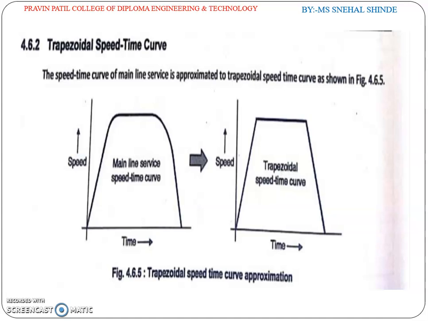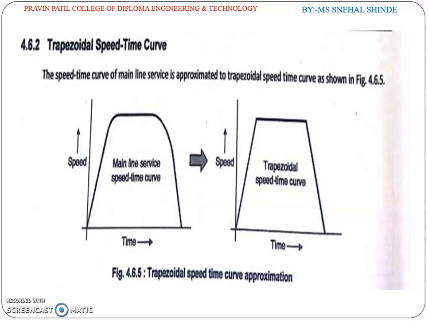But we can make the assumption in the formula. So the formula will be divided into three parts. First will be the triangle part, the other will be the square part in between of the trapezoid, and next will be the triangle part.